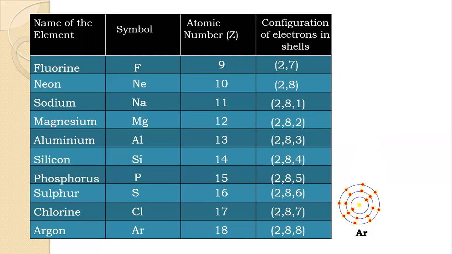So it's similar to what we just saw before. Sodium, magnesium, aluminium will give electrons, silicon will share electrons, phosphorus, sulfur, and chlorine will take electrons, whereas argon is electrically stable, that its octet is complete.